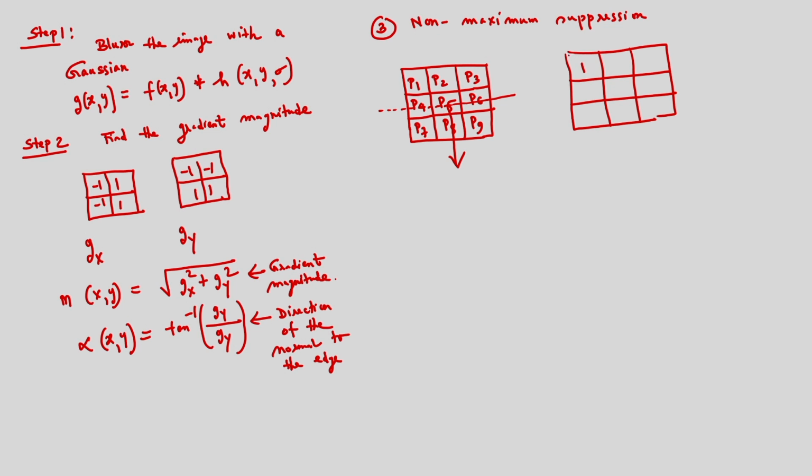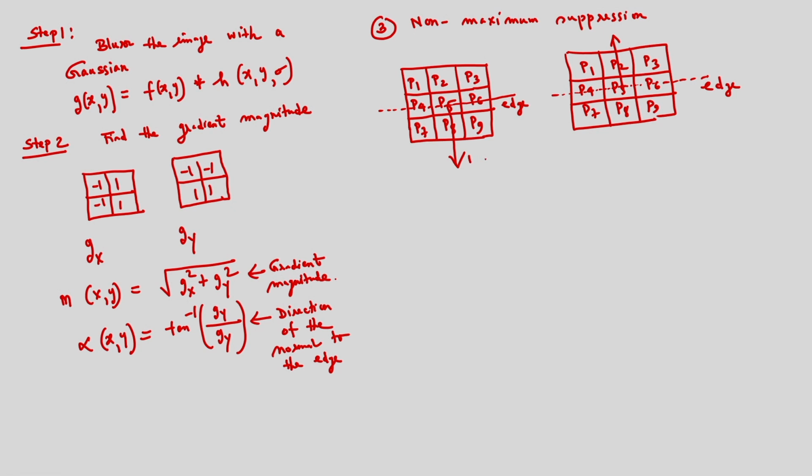So P1, P2, P3, P4, P5, P6, P7, P8, P9. This is the edge passing through the point P5, and the center pixel is P5. Another neighborhood pixel will be P2, that is, the normal to the edge. This is another normal.